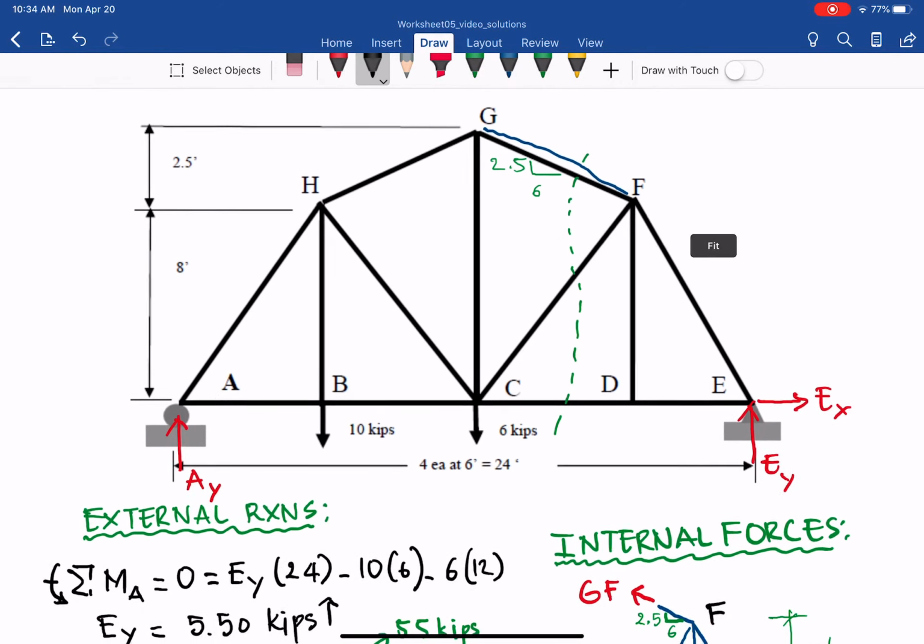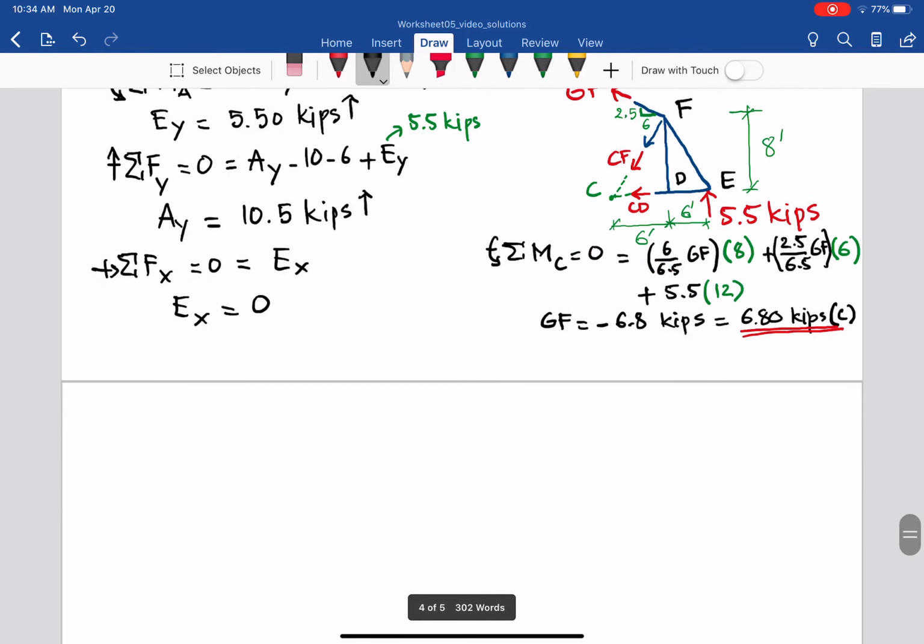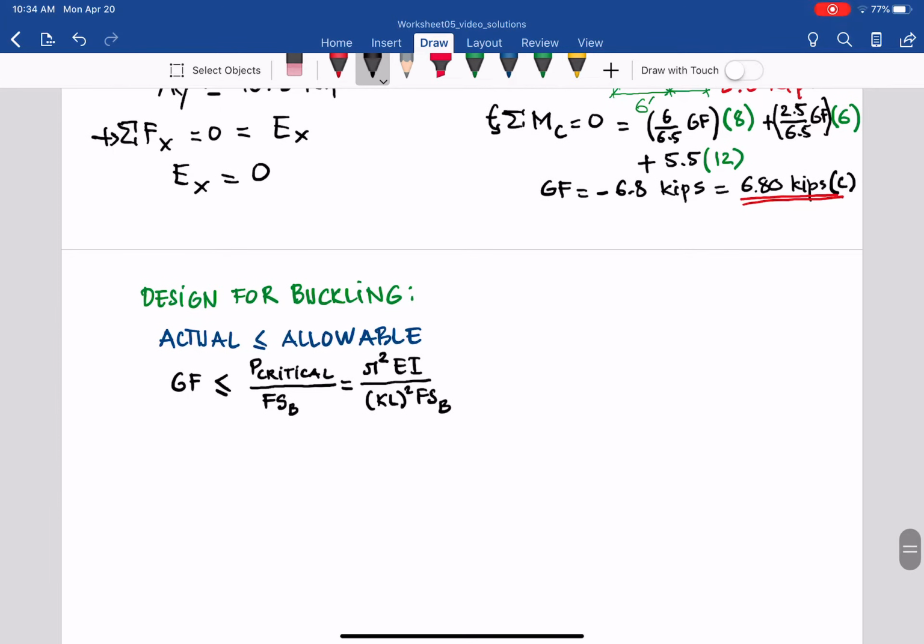So when pinned at both ends for all the truss members, K is equal to 1.